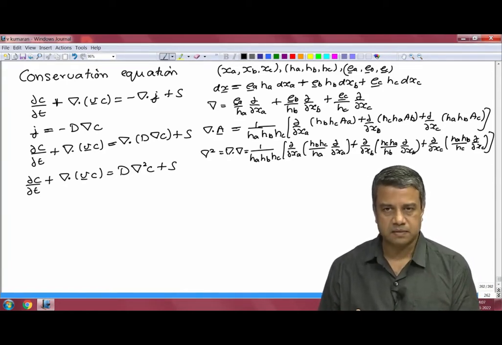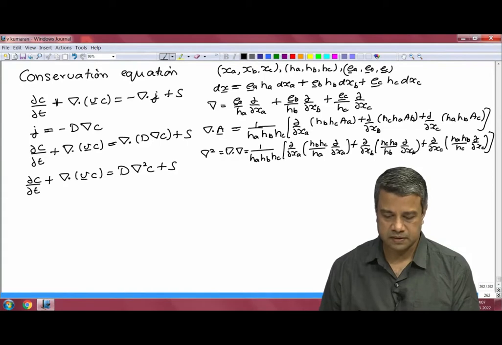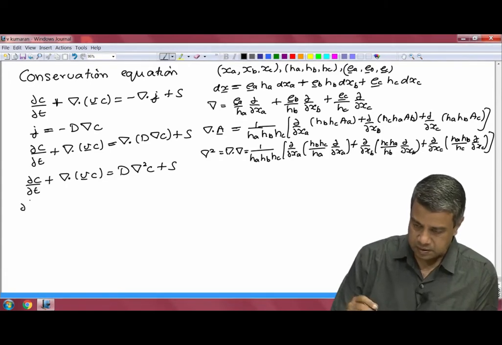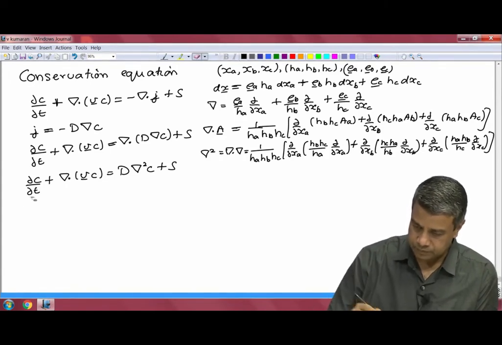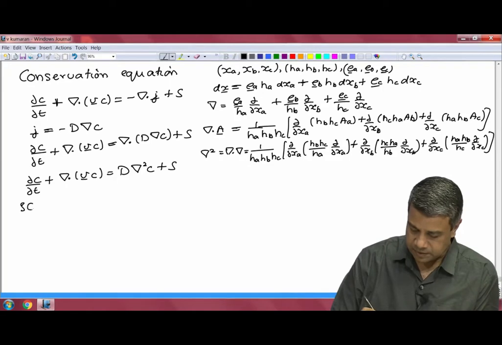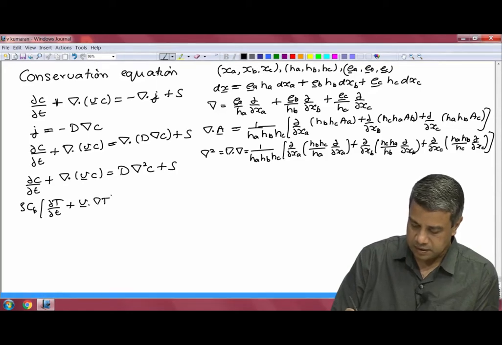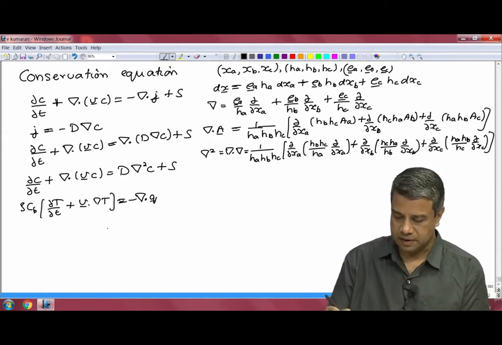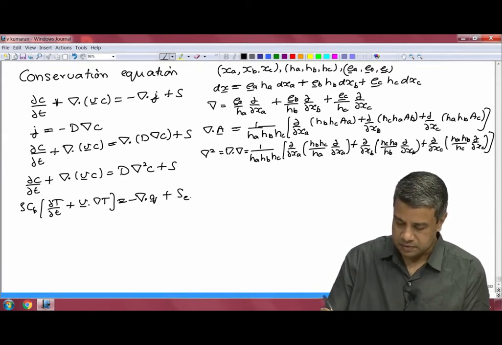And when expressed in terms of these operators, all these equations have the same form. If you recall, we had derived the equation for the temperature field as well. Rho Cp into partial T by partial t plus V dot grad T is equal to minus the divergence of the heat flux vector plus the source of energy.